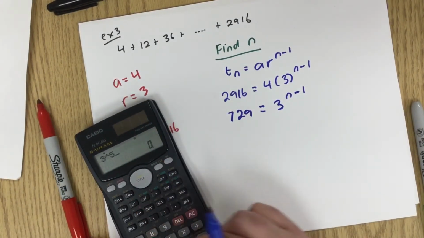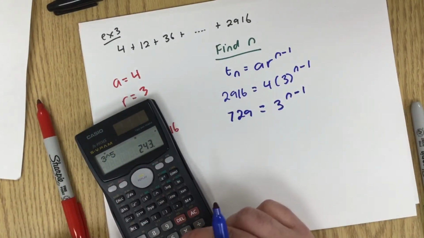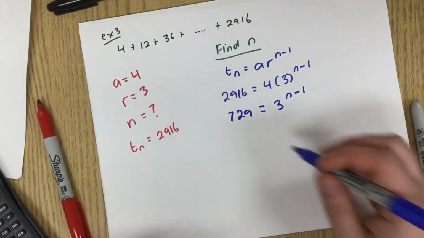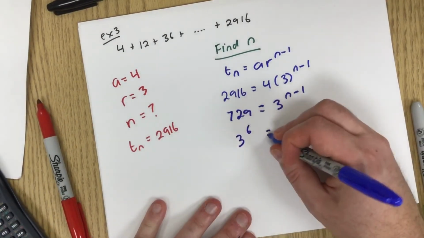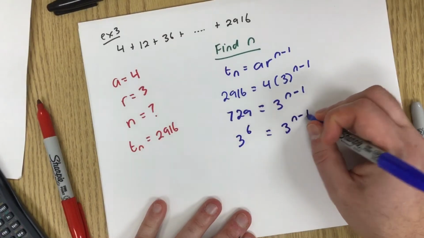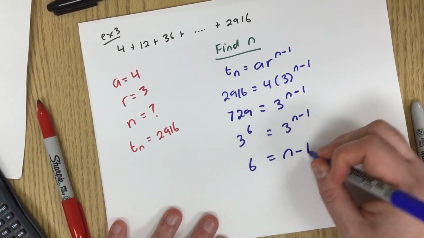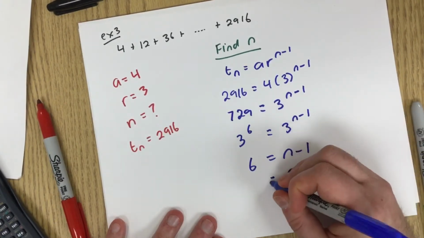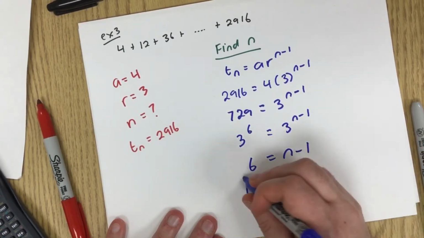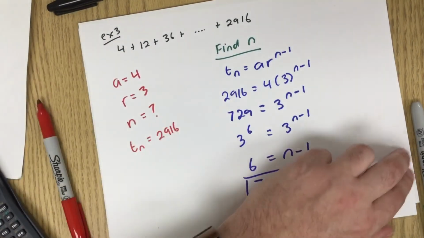I believe that's 3 to the 5. Nope, it's 3 to the 6. So 3 to the 6 equals 3 to the n minus 1. The bases are the same, so the exponents are the same. 6 equals n minus 1. So n equals 7. We're going to have to continue this on the next page because we are out of room.